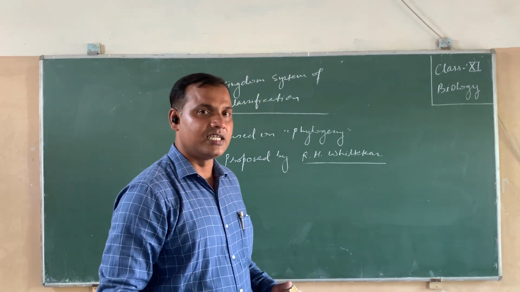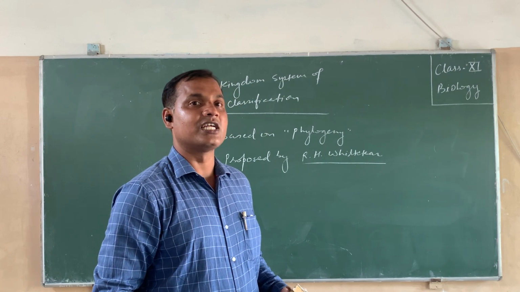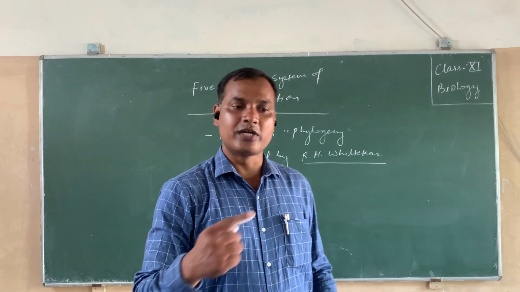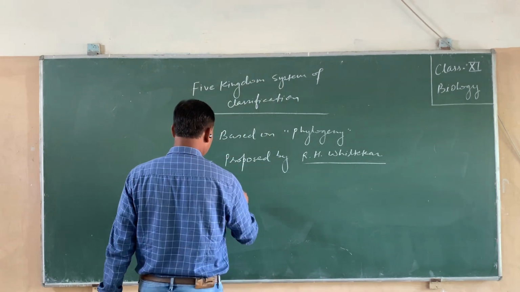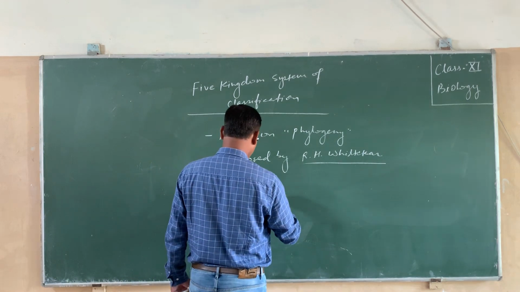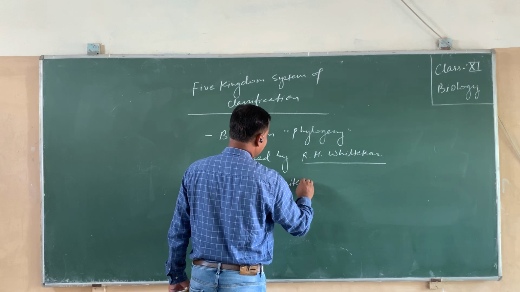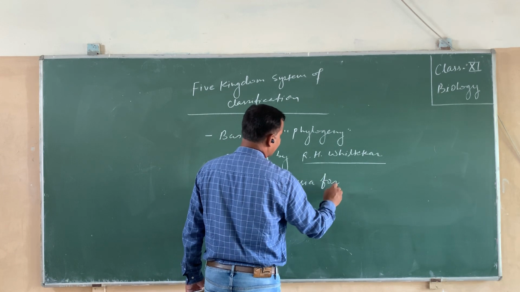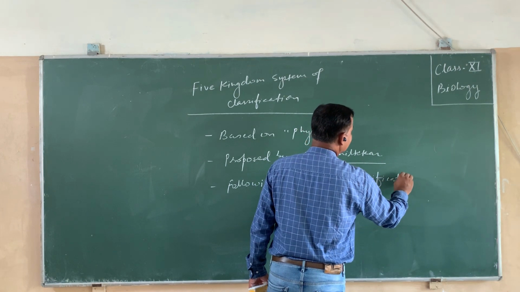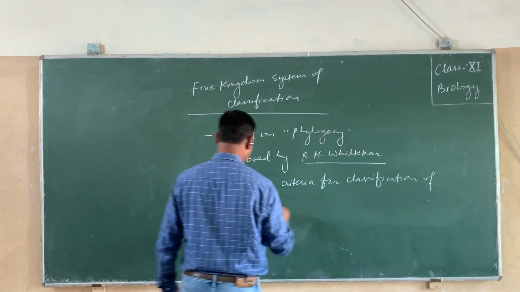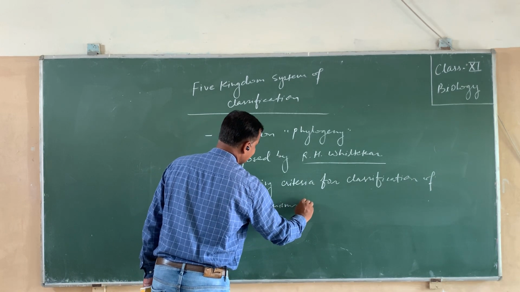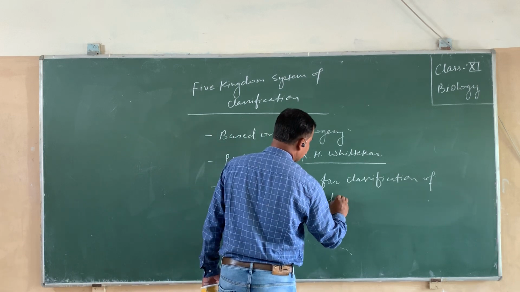So what are the criteria adopted by R.H. Whittaker to classify all the organisms present on this earth into these 5 kingdoms? Just we are going to mention it. R.H. Whittaker adopted the following criteria for classifying all organisms into 5 kingdoms.